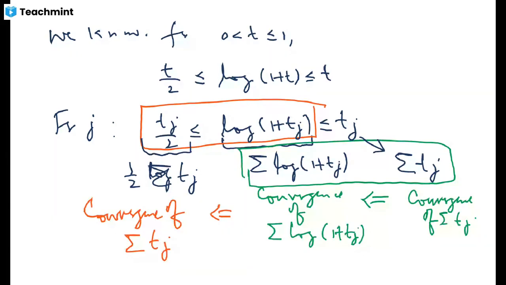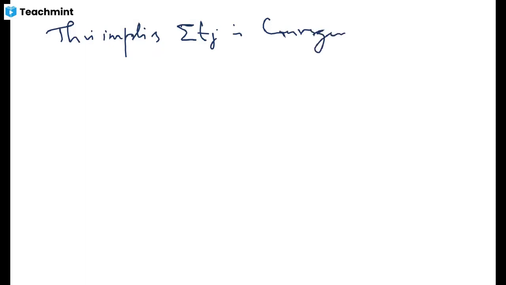So this implies that the summation tj is convergent if and only if summation log of 1 plus tj is convergent.